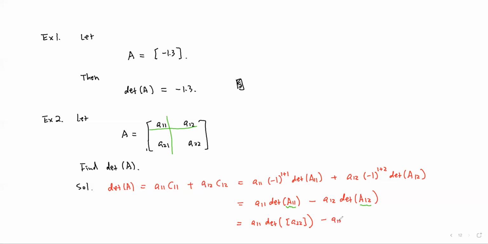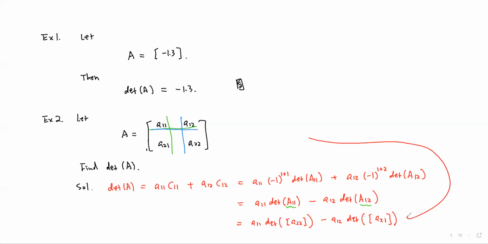Minus a12 times determinant of capital A12: delete the first row, delete the second column, so what remains is a21. So this is the determinant of this 1 by 1 matrix a21.